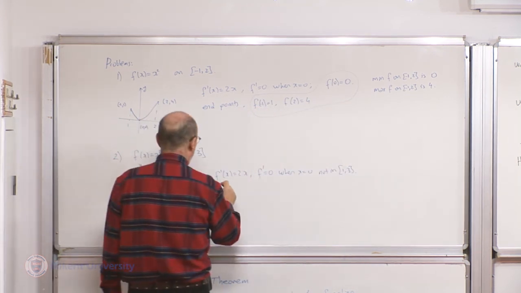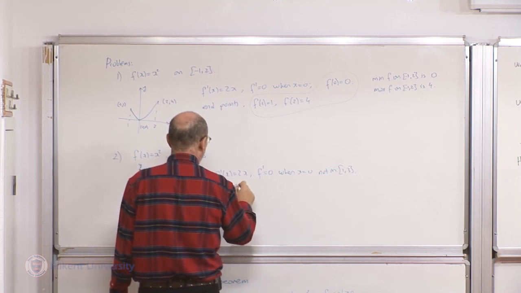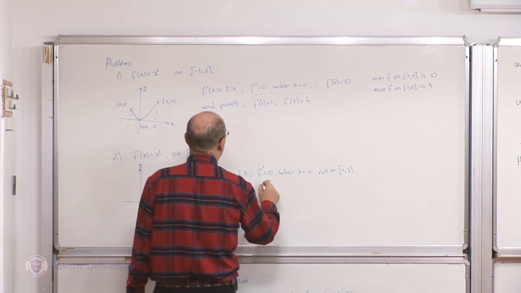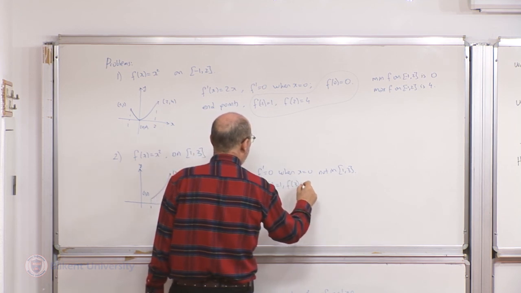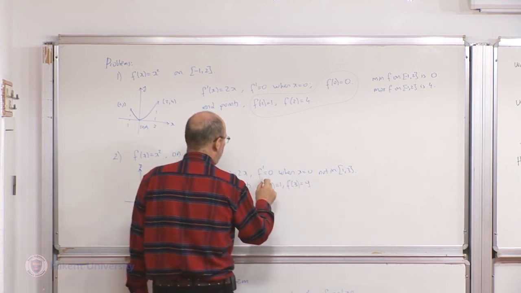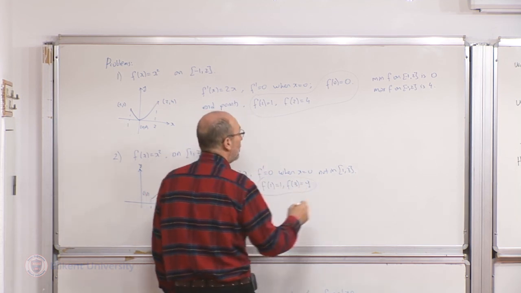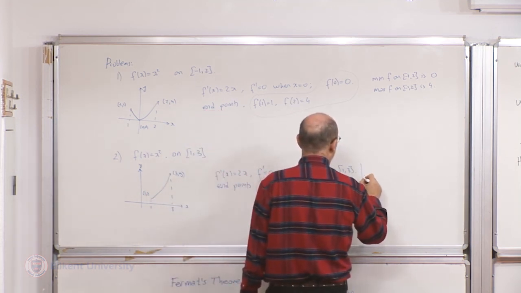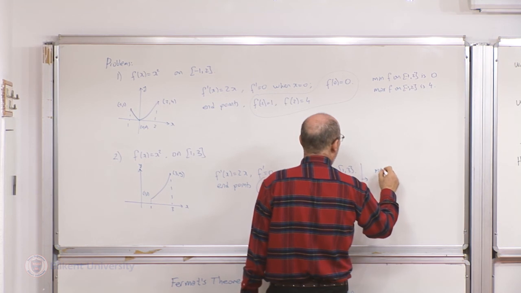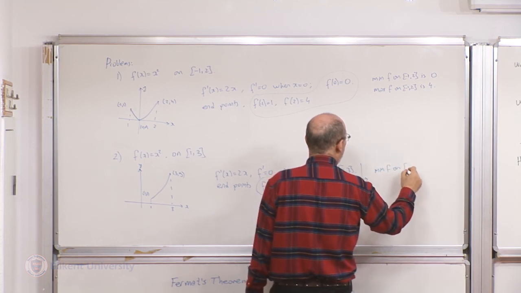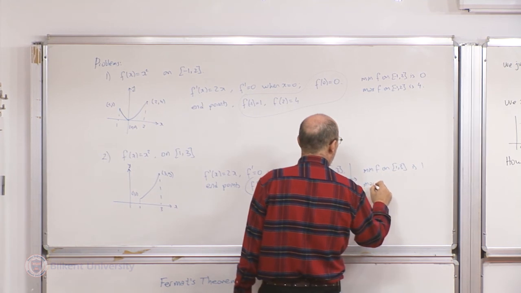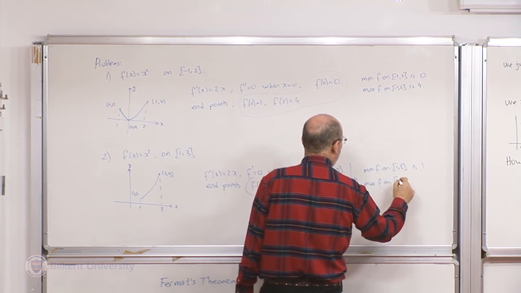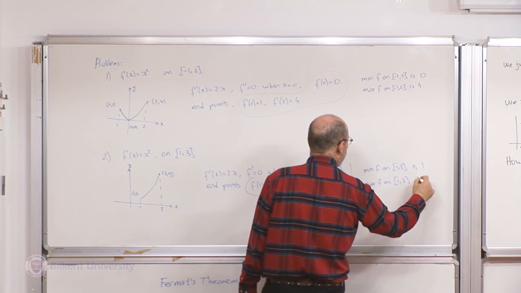Okay, endpoints. F of 1 is 1. F of 3 is 9. So these are the only numbers I consider. And from here, I get that minimum of f on [1, 3] is 1. Maximum of f on [1, 3] is 9.